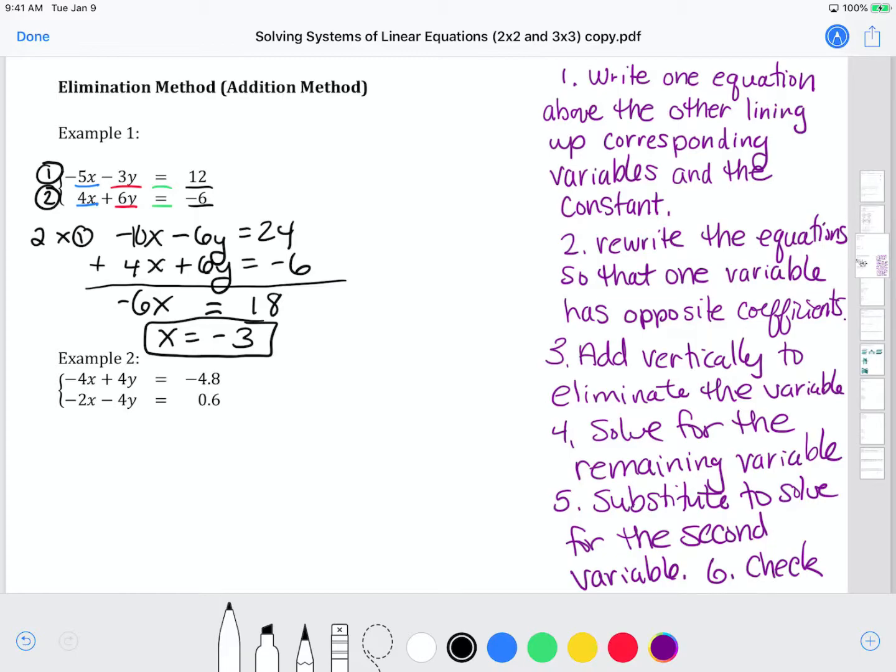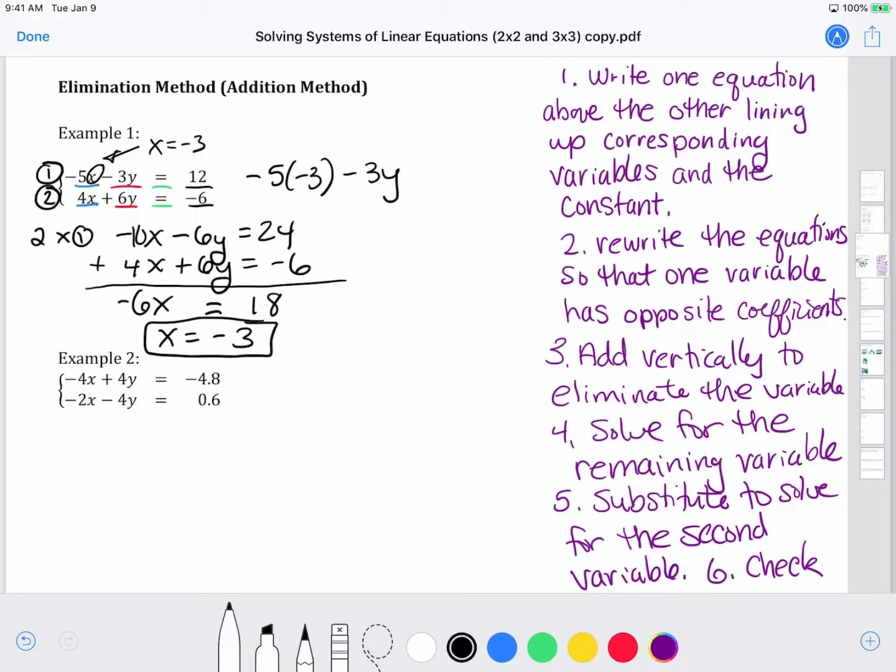Then in step 5, we're going to substitute back in to find the second variable. Now, it doesn't matter where you substitute it back in. It truly doesn't matter. You can pick equation 1, equation 2. I'll pick equation 1. I'm going to plug -3 into equation 1, so that means I'm plugging it into this x right here. I'm going to plug in x is -3.